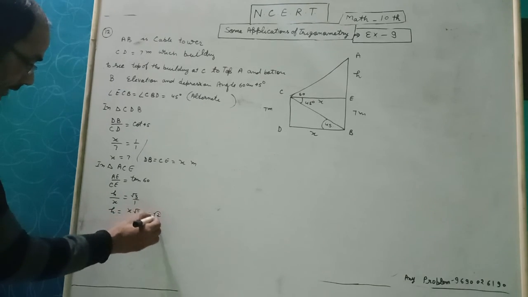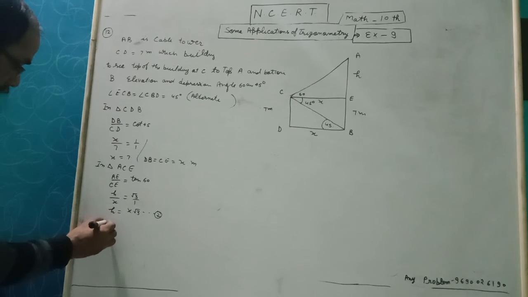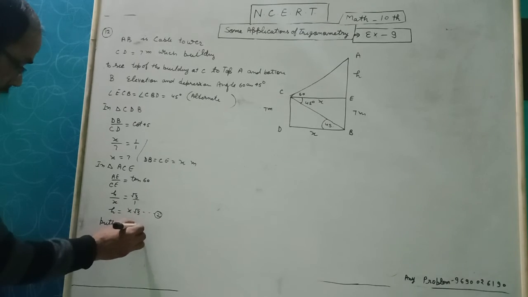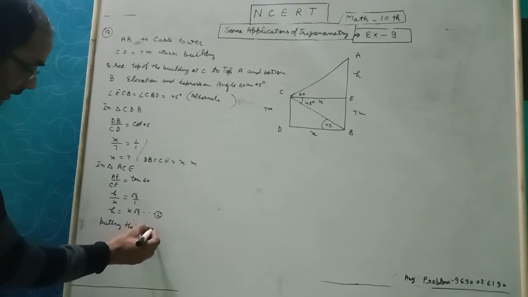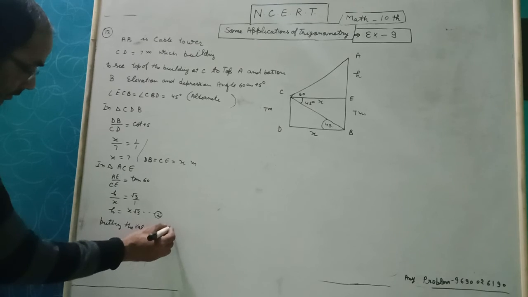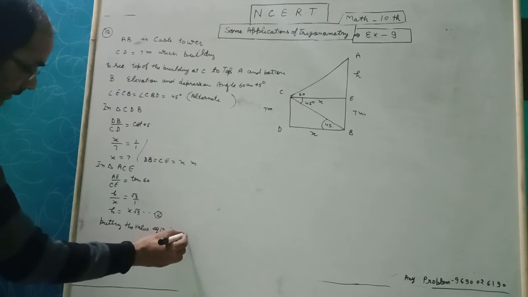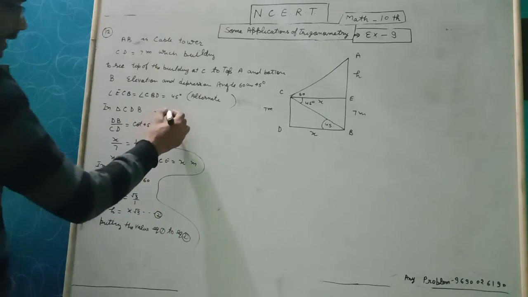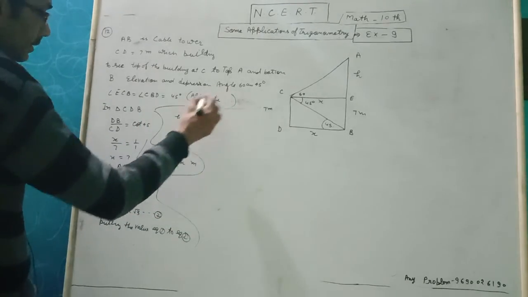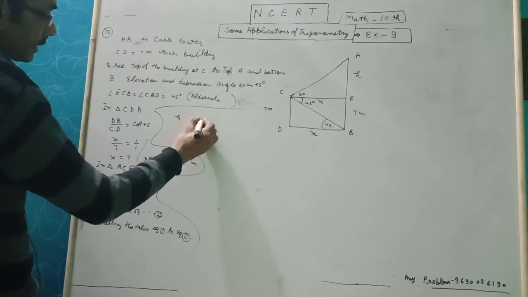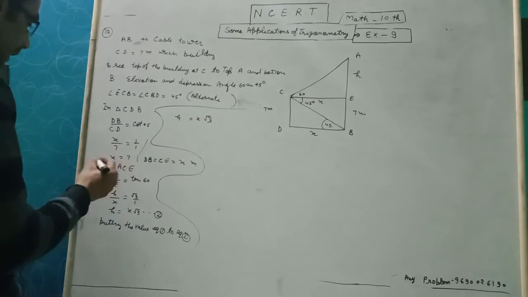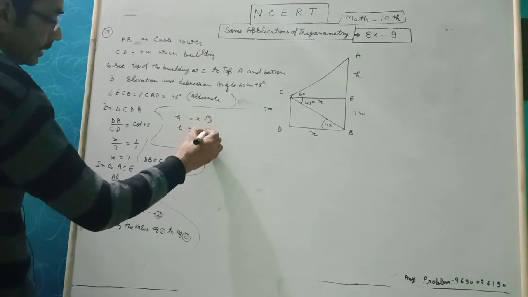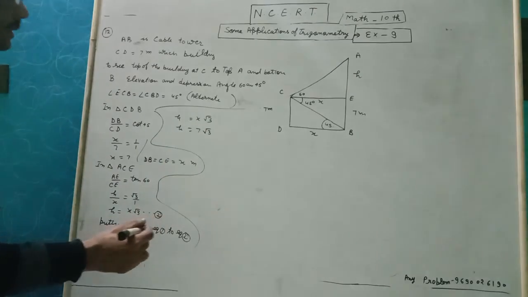That is equation second. Putting the value of equation first into equation second. Second equation is H is equal to X under root 3. X value is 7. So H value is equal to 7 under root 3.